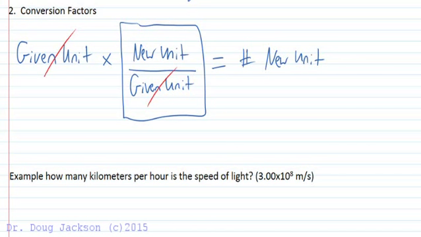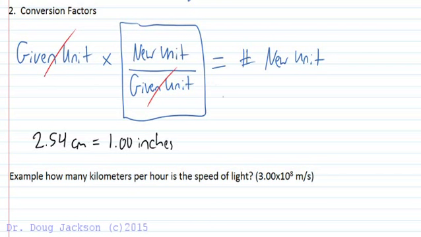And the whole point is a conversion factor. We're assuming, for example, here's one that we need to learn for the course. We know that 2.54 centimeters is equal to 1.00 inches to 3 significant figures. And so I can make a conversion factor. Since these two quantities are equal, I can divide both sides by either quantity.